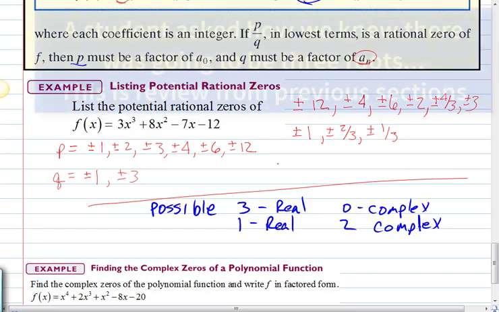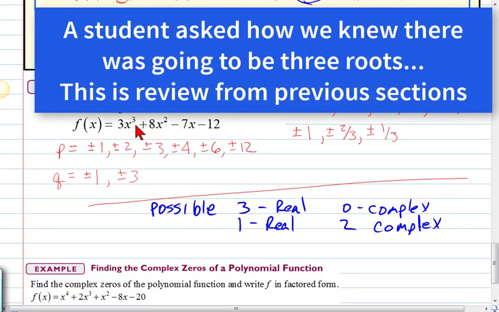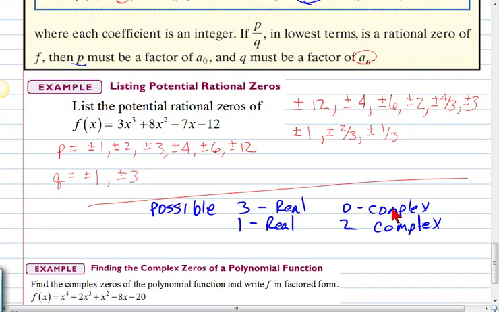Okay, if the power is 3, the most number of x-intercepts or real roots you can have is 3. If you have 3 x-intercepts, there's no complex. The fundamental theorem of algebra says that the most number of linear factors you can have from the complex system is going to be equal to the power.